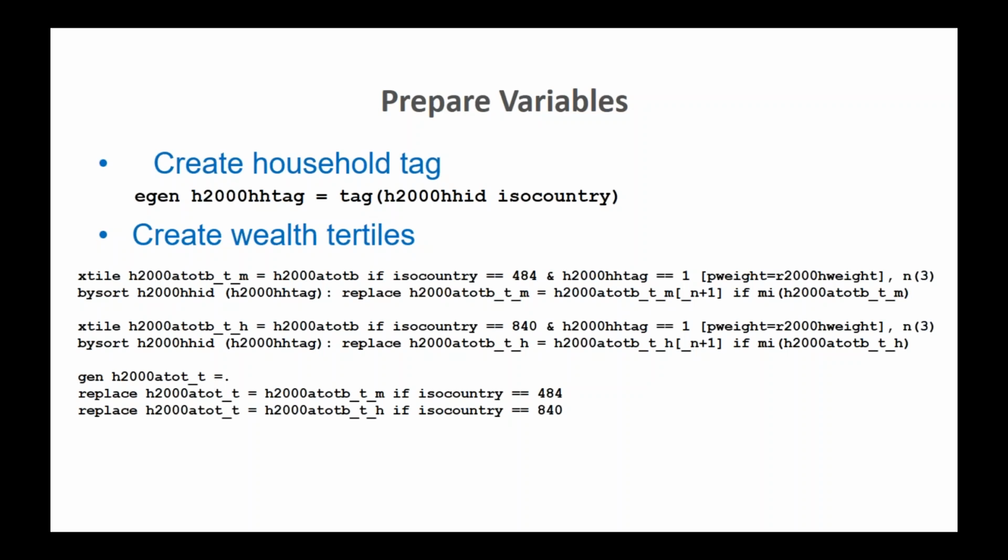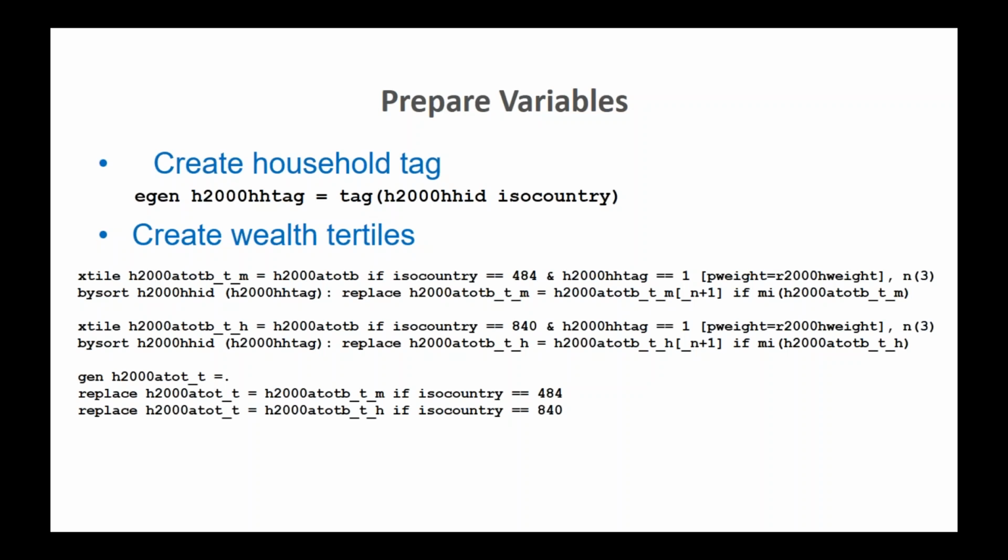We do that just in case the household IDs are overlapping between the RAND HRS and the harmonized MHAS, and we want to make sure to keep them separate. So by adding these two variables inside of the tag command, we treat all the tags separately for separate observations with ISO country code.